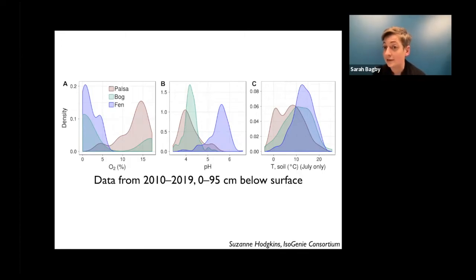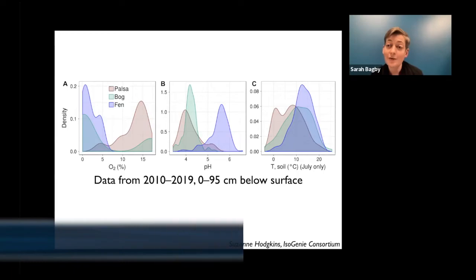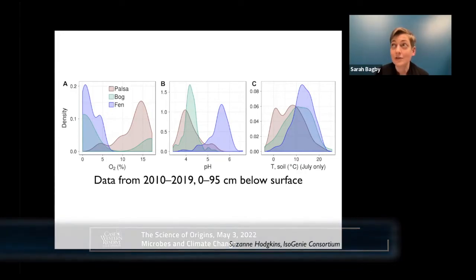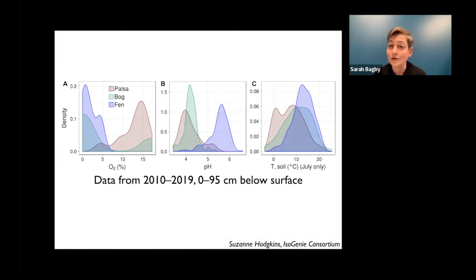pH also makes a big difference. At more acidic pHs, you might have simply different sets of organisms, or some of the same organisms might need to put a lot more energy into maintaining their internal pH and have a lot less energy available to grow. And of course, temperature matters too. Temperature matters a lot, for instance, to the membrane structure of cells.